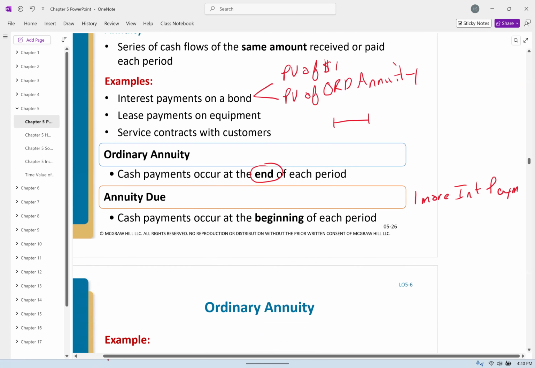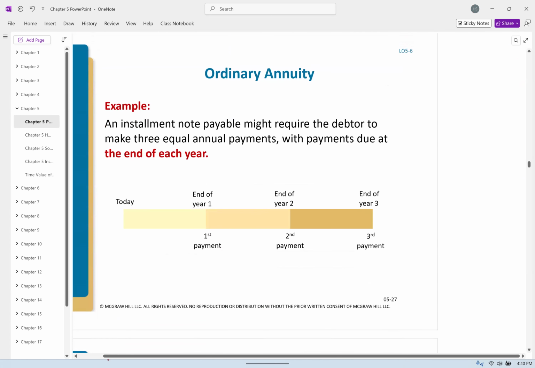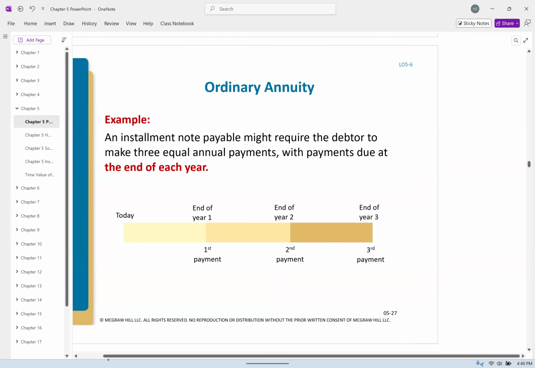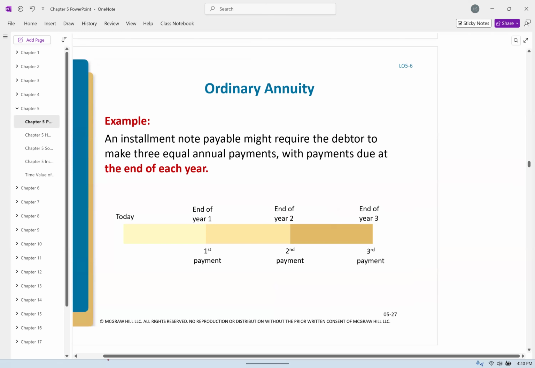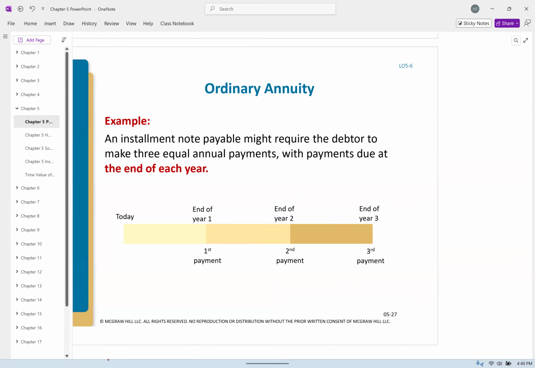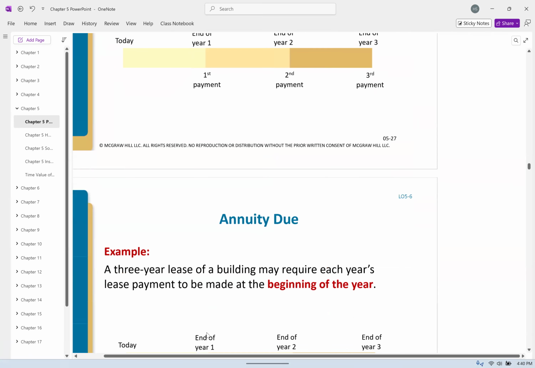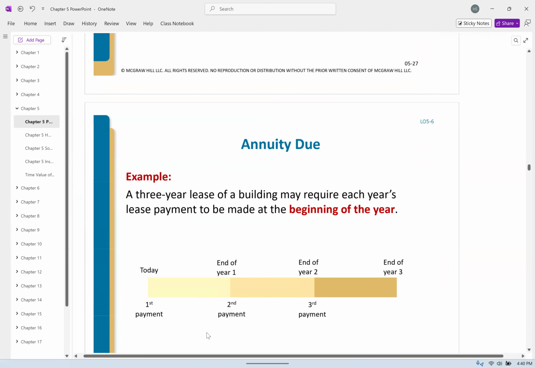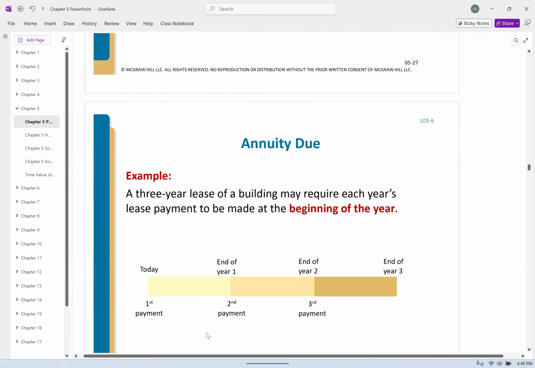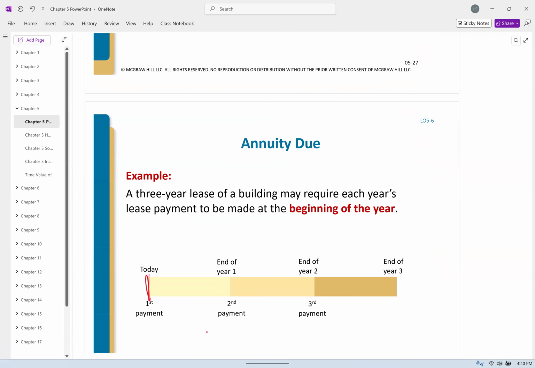So let's look at an ordinary annuity. An installment note payable may require the debtor to make three equal annual payments, with payments due at the end of each year. An annuity due would start at the beginning, right today, and you'd have to make that first payment today.